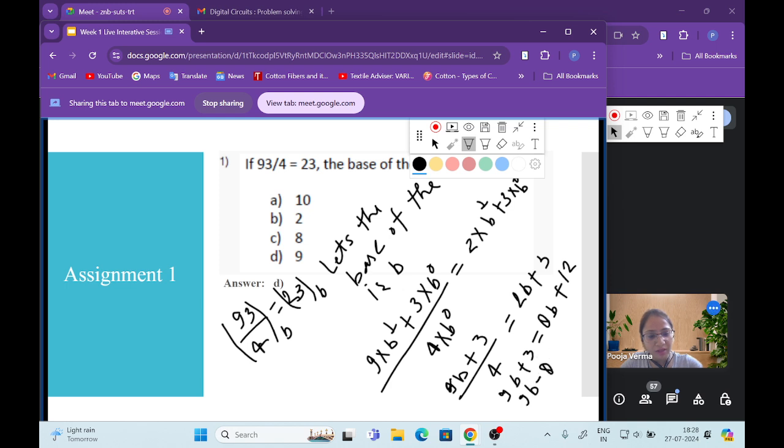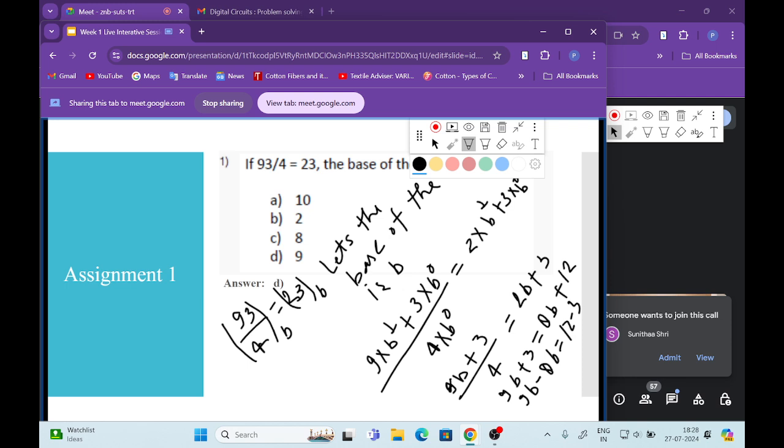9B minus 8B is equal to 12 minus 3. So 12 minus 3 is 9, and 9B minus 8B is B. So B is equal to 9.